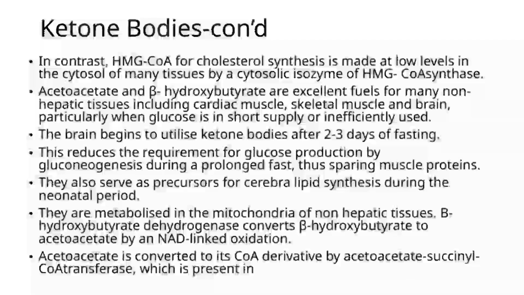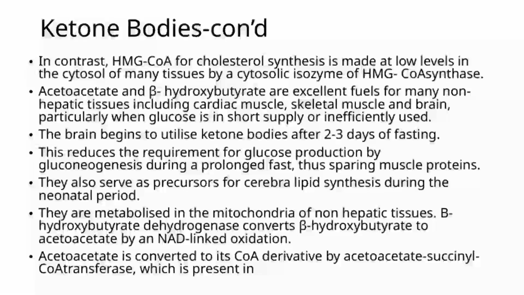Additionally, ketone bodies serve as precursors for the synthesis of lipids in the brain during the neonatal period. When they're used as fuel, they're metabolized in the mitochondria of non-hepatic tissues. For example, beta-hydroxybutyrate is converted to acetoacetate by an enzyme called beta-hydroxybutyrate dehydrogenase, which uses NAD as a cofactor for oxidation.